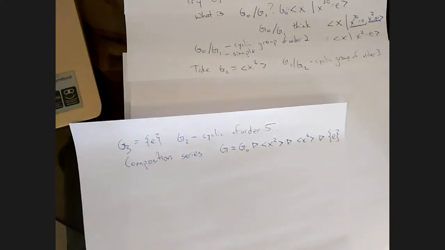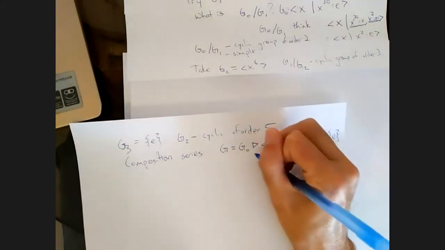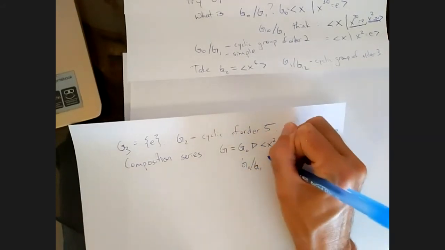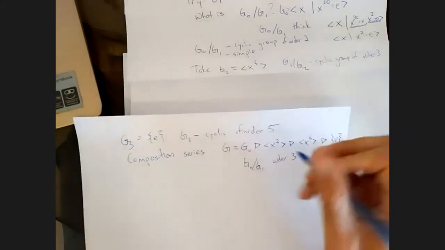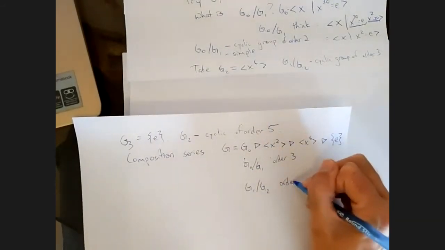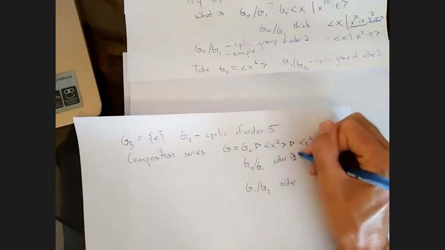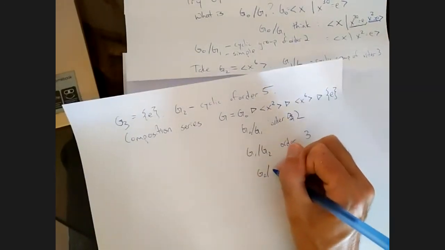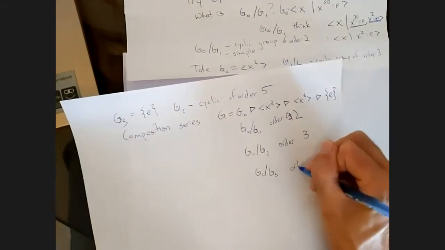This is our composition series. And the quotients: G0 mod G1 has order 2, G1 mod G2 has order 3, and then G2 mod G3 has order 5.